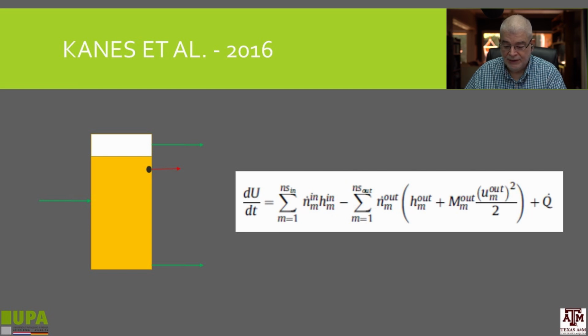Specifically here, I put the kinetic energy term in the out-streams because it may be very important. Not so much for the regular streams, but for the accidental leak, it's very important, as I will comment later on.